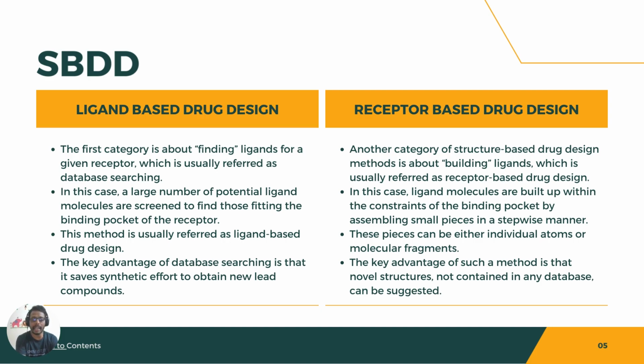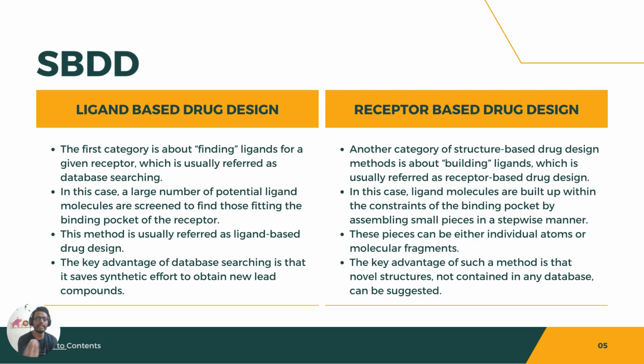In this case, ligand molecules are built up within the constraints of the binding pocket by assembling small pieces in a stepwise manner. Okay, so ligand molecules are built in a stepwise manner based on the difficulties arising when these ligands are binding to the pocket or active site of the receptors.